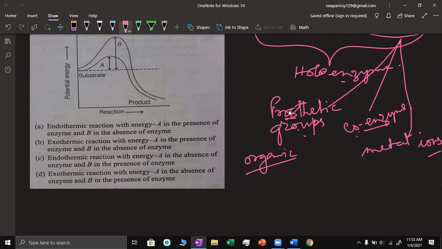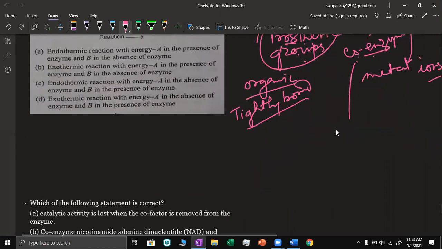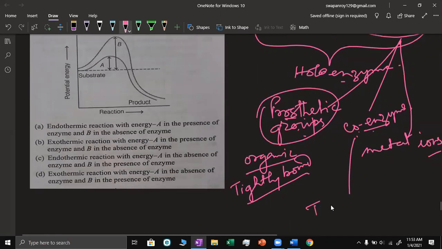But the difference between them is that the prosthetic group is tightly bound and permanent, and the coenzyme is transient, so it is loosely bound.